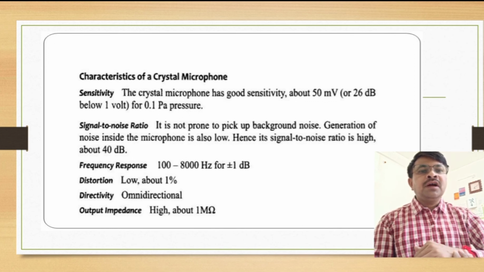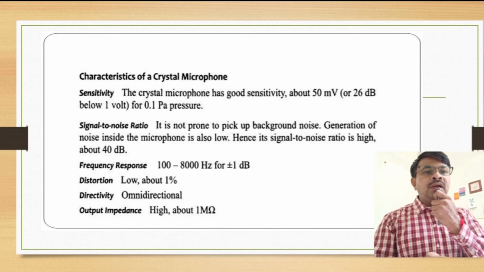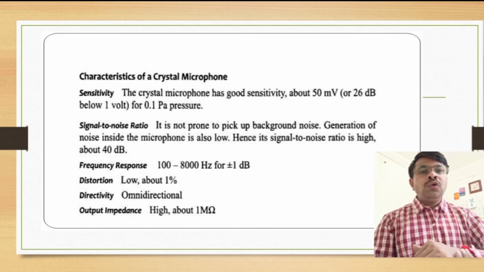It is 100 Hz to 8 kHz. It is good. Distortion is low, about 1%. Directivity. The directivity pattern is omnidirectional, meaning the microphone can pick up the sound wave force in 360 directions. Like if I hold this microphone, it can pick up sound in 360 directions. Output impedance. Output impedance is high and it is about 1 megaohm.